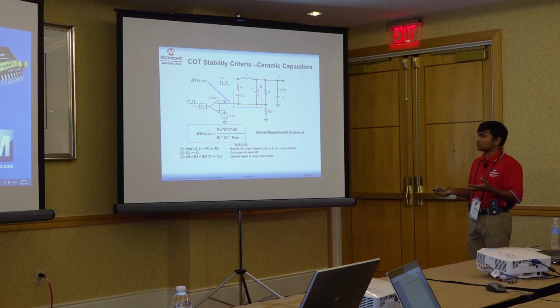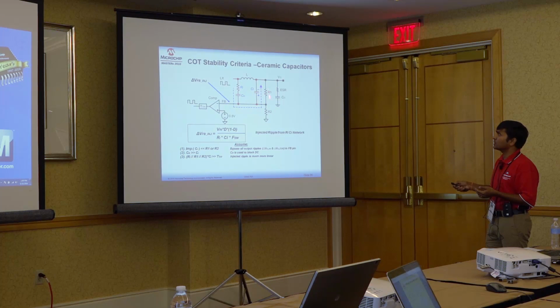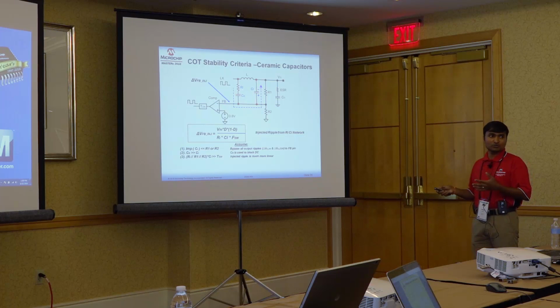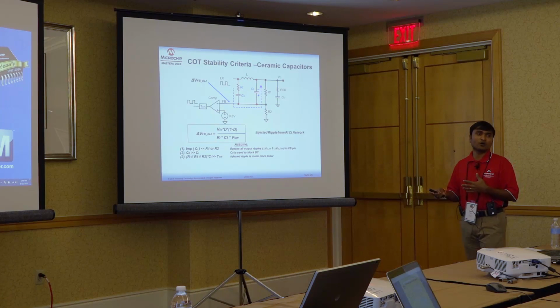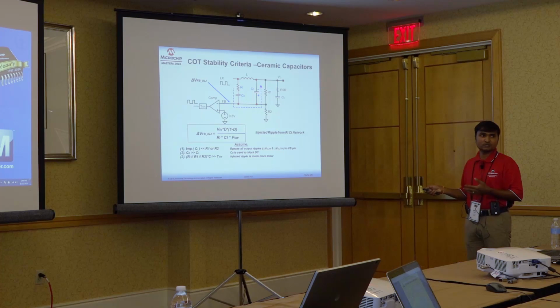What we make sure is that the impedance of the injection capacitance is less than R1 and R2. R1 and R2 you select based on your output voltage requirement. Based on the reference, generally we have a 0.8 volt reference, and you select R1 and R2 for the voltage you need.